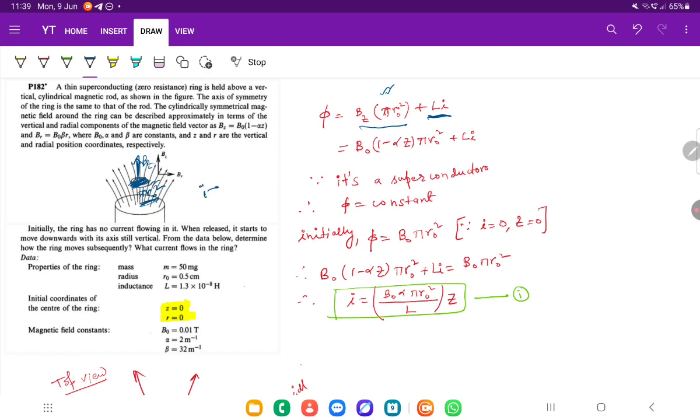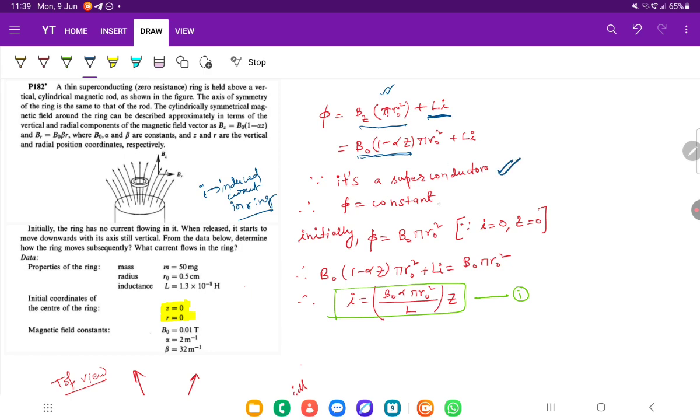Let's say I is the induced current in the ring. That's the total flux, and I have substituted the Bz value. Obviously Br will have no contribution towards the flux, as the angle between Br and the plane of the ring is 0 degrees. This is the value of Bz I have substituted as a function of Z.